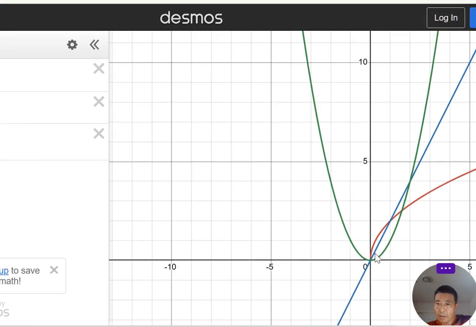So you see, 0 to 1, the winner is y equals 2 square root of x, and 1 to 2 is y equals 2x, and then finally 2 to 3 is x squared, right?